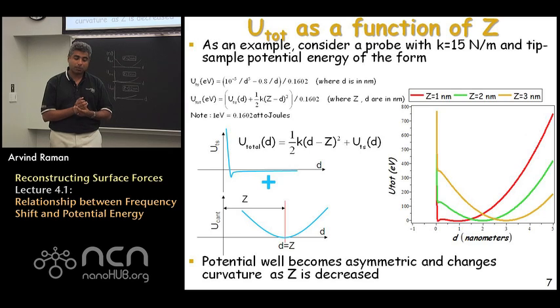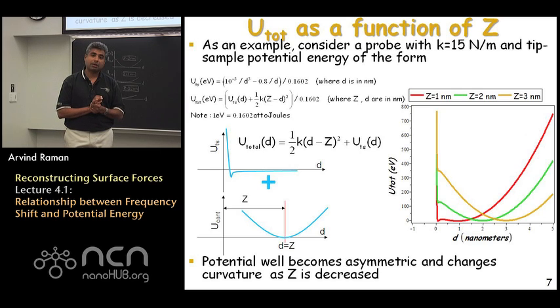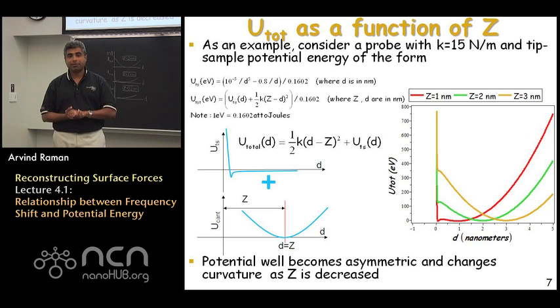So really, if you think about what we're trying to do, we're trying to sum together the total potential energy, U total, as a sum of the cantilever potential energy plus the tip sample interaction energy. And I've graphed those two. In blue, what you see is the tip sample potential energy as a function of d. We're going to add that to the cantilever potential energy, which is shown below.